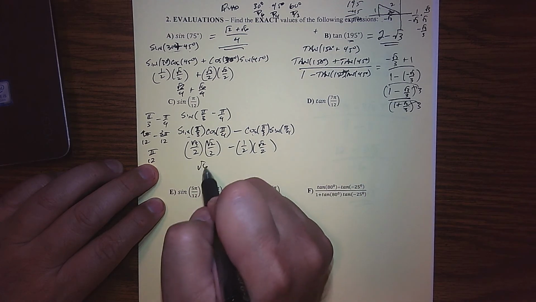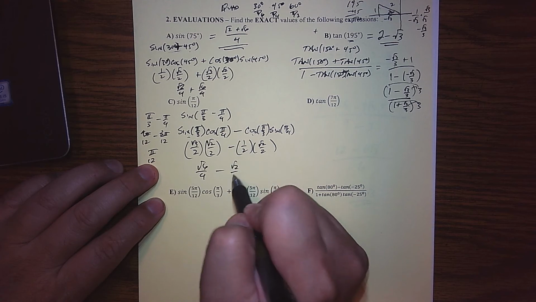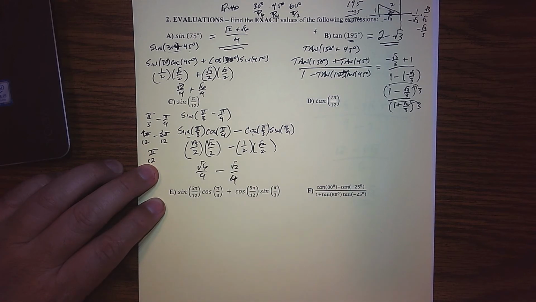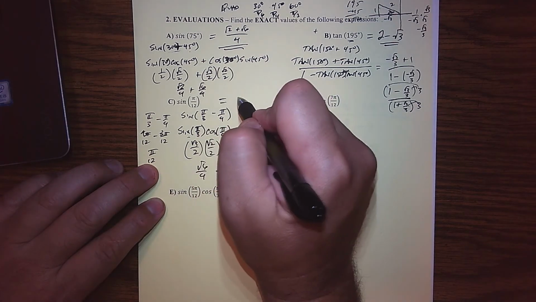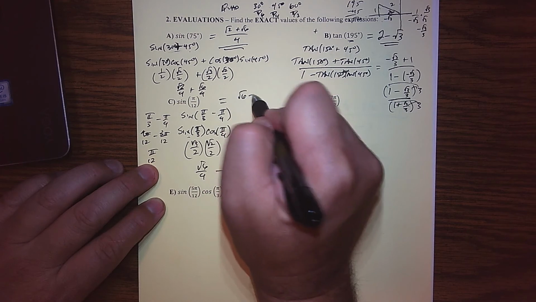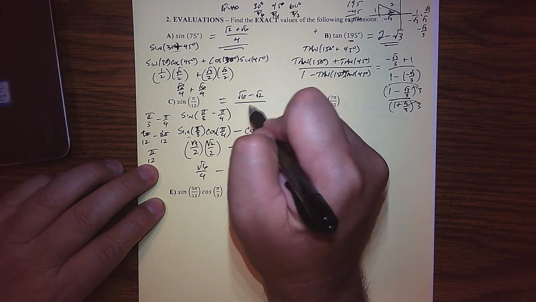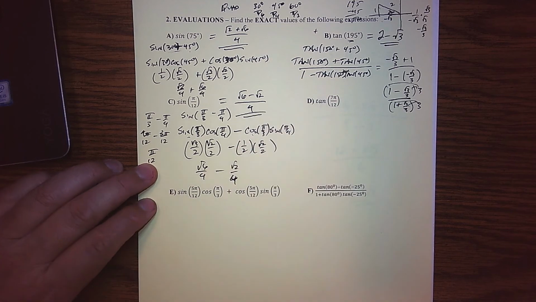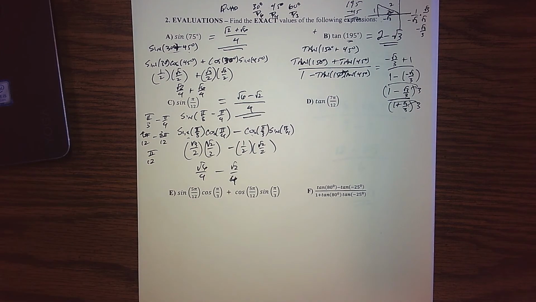So we end up with the square root of 6 over 4 minus the square root of 2 over 4. And so its exact value is the square root of 6 minus the square root of 2, all over 4. And so there would be our exact value of the sine of pi over 12 using our difference identity.